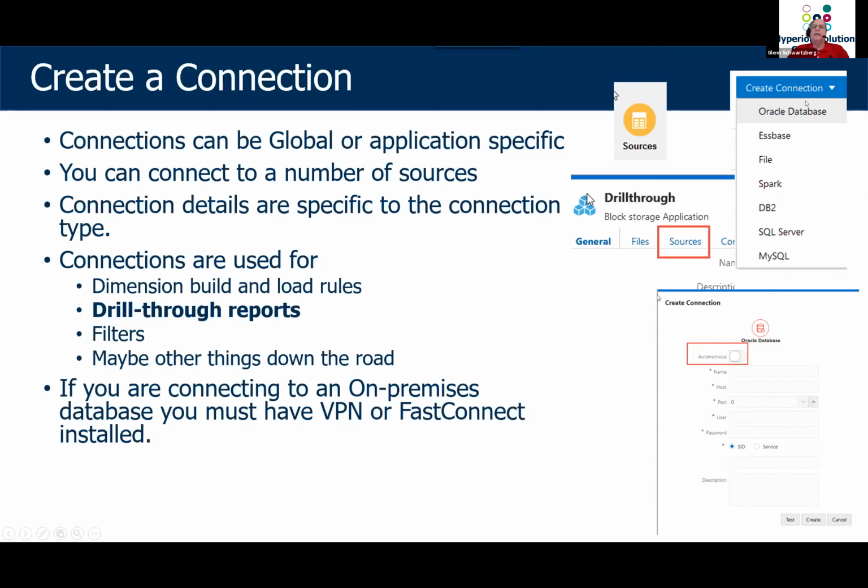There are different kinds of connections I could connect to: Oracle database, Essbase, a file, Spark, DB2, SQL Server, MySQL, and based on which one we select, we're going to get a dialog box that allows us to connect to that one. If I'm doing an Autonomous Database in the cloud for Oracle, I can select here, and instead of the host, it's going to give me the ability to upload a wallet file.